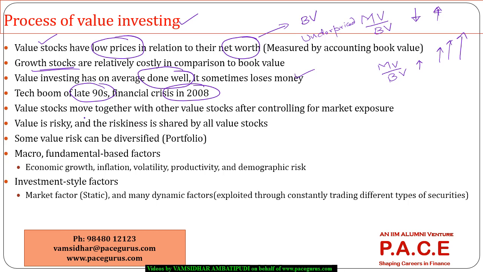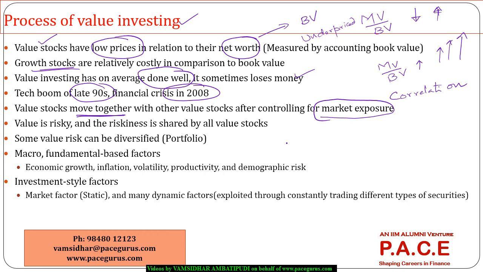Now, one more important observation is that the majority of the value stocks move together. Almost all the value stocks show a similar kind of movement. If you look at the correlation between them, it would be much higher, because the commonality between them is that they are exposed to a similar kind of market dimension per se.